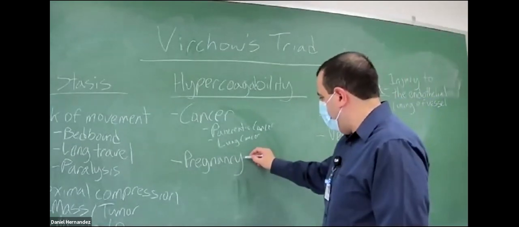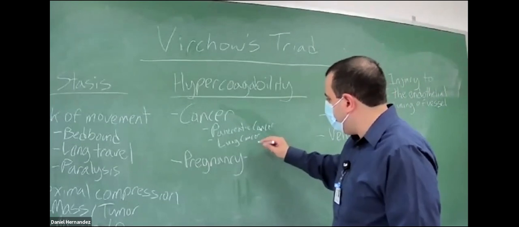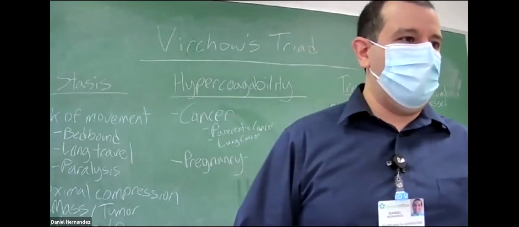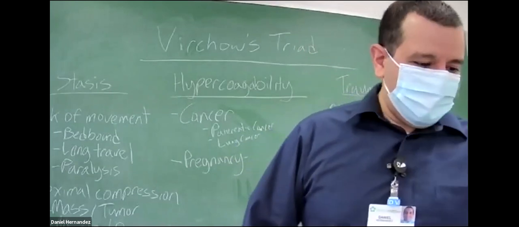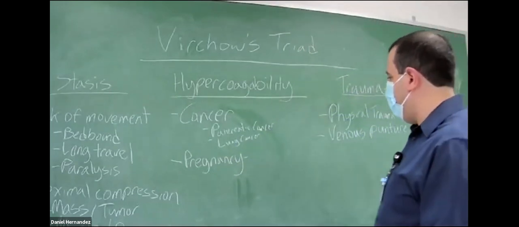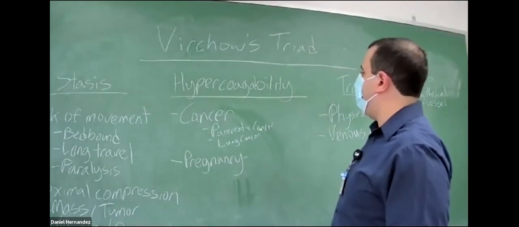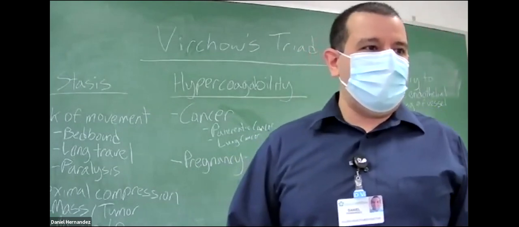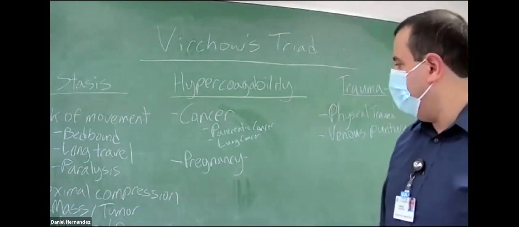I think you're also going to learn that during pregnancy, blood volume also increases exponentially within the body. So as blood volume increases, you get more red blood cells within the body as well. So that blood becomes more viscous. So that's part of it, leading to that hypercoagulable state.